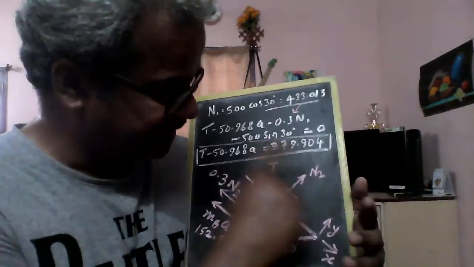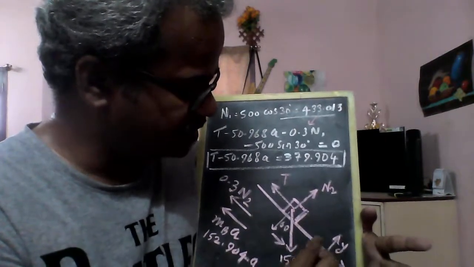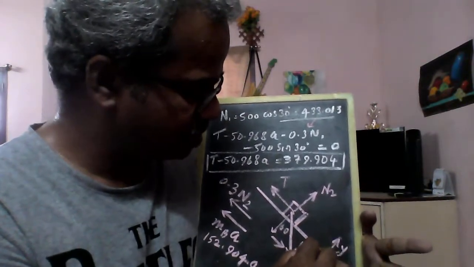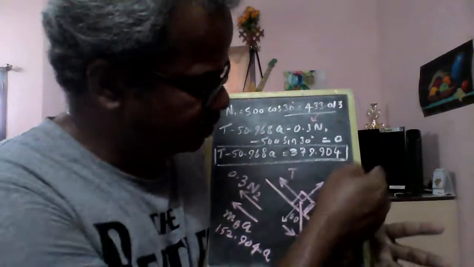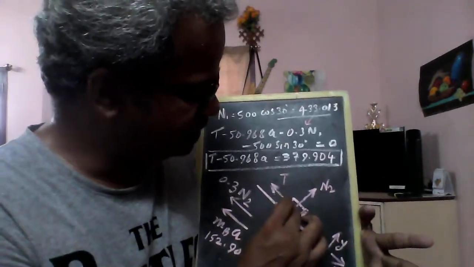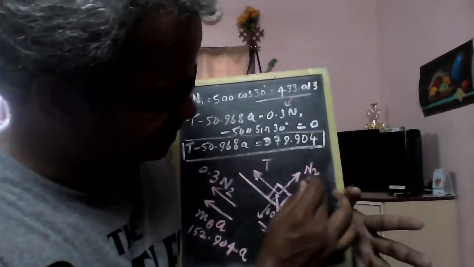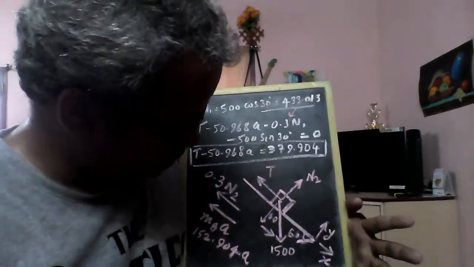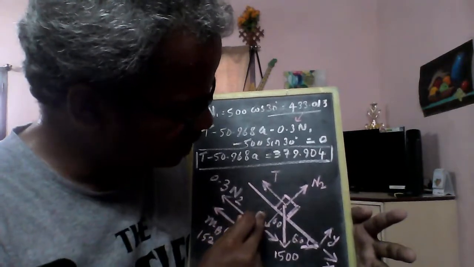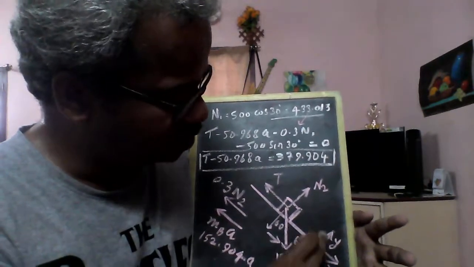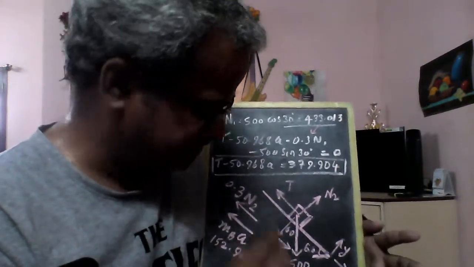We will consider the second block, which is on the 60 degree inclined plane. I'm considering the slope surface as the x-axis and perpendicular to that as the y-axis. The tension will be acting upward, T, then the normal reaction perpendicular to the contact surface, N2, then the weight acting downwards, 1500 Newton. I can decompose this as 1500 cos 60 parallel to the y-axis and 1500 sin 60 parallel to the x-axis.